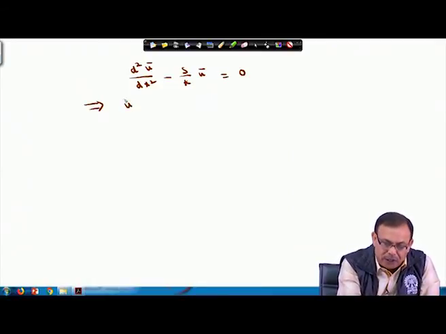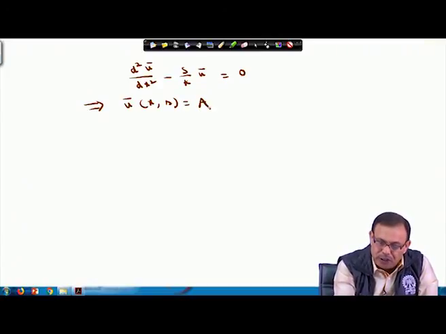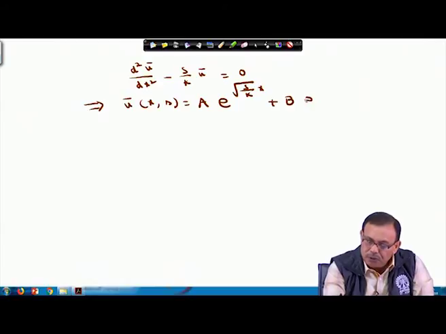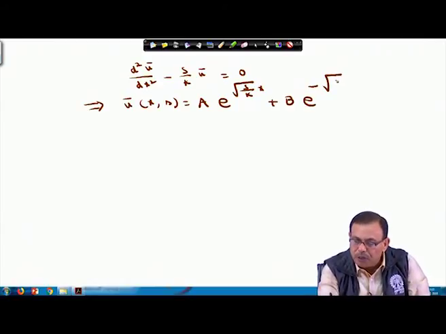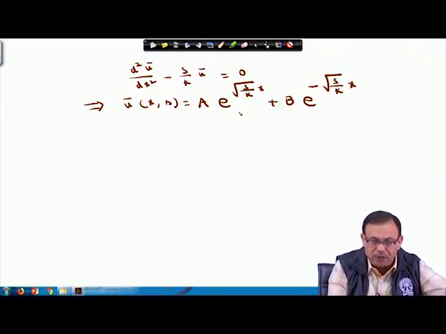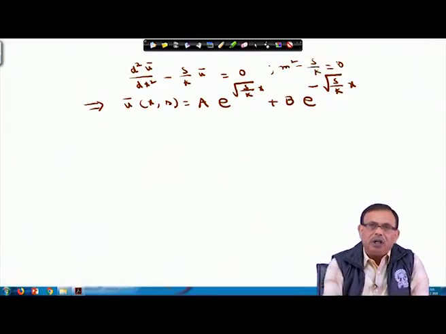From here you can directly write ū(x,s) equals some constant a into e to the power root over s/k into x plus b into e to the power minus root over s/k into x, since from the auxiliary equation m² minus s/k equals 0, m² is s/k, and m will take two values, plus and minus root over s/k.